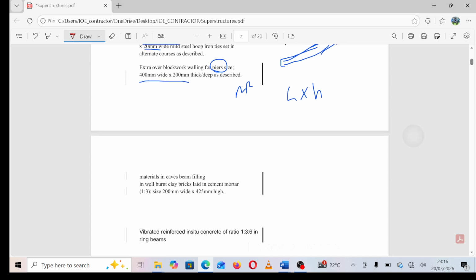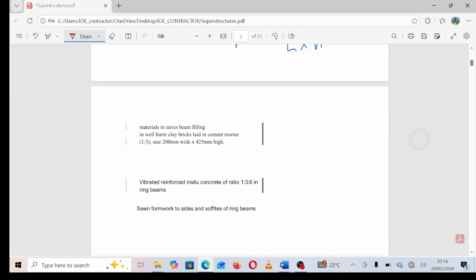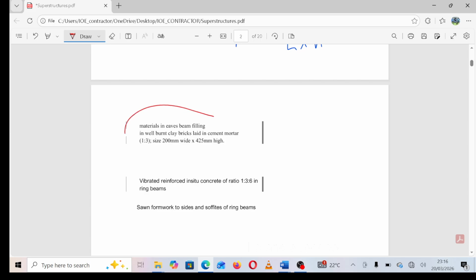So for the eaves filling, it's already stated. This was a description for the eaves filling, where it's almost the same materials, well-burnt clay bricks laid in. You mention the cement mortar ratio and also the width and the height.